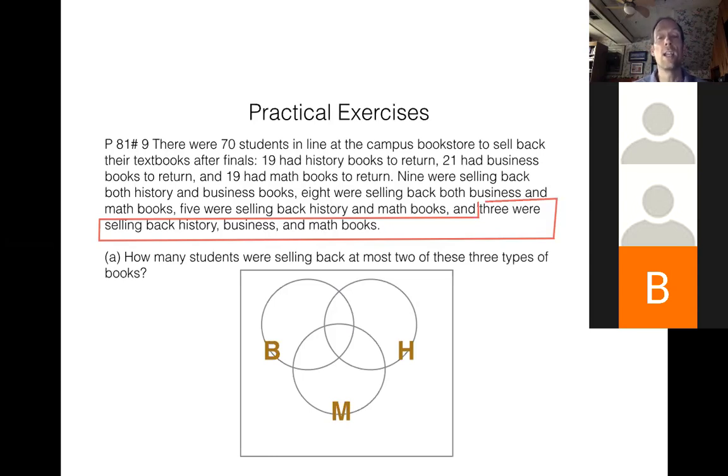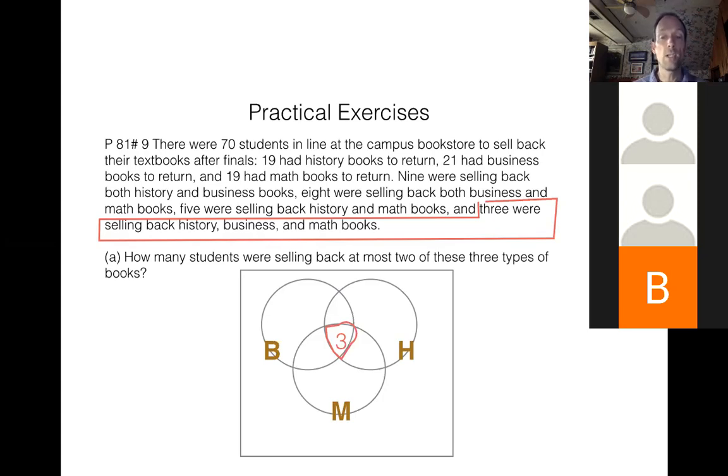What part of the Venn diagram do you think the number 3 is going to match up to? In the middle where they connect. Exactly correct. That middle part where all 3 come together is the very first thing you need to fill out. If you don't fill out that first, it's going to be really hard to get the question right. So we're going to drop in a 3. That's like our main kickoff.